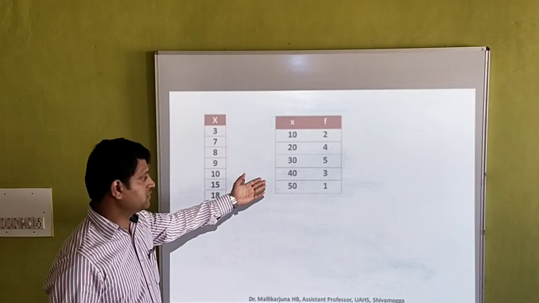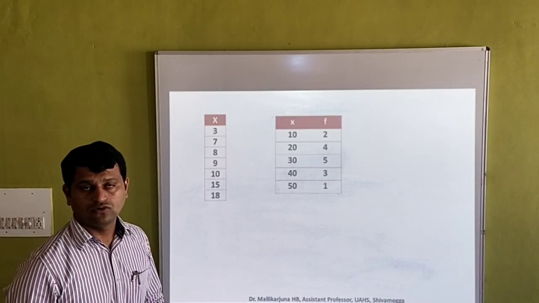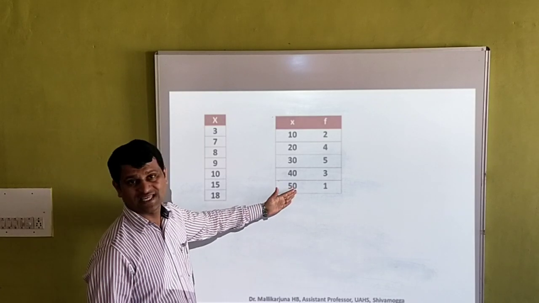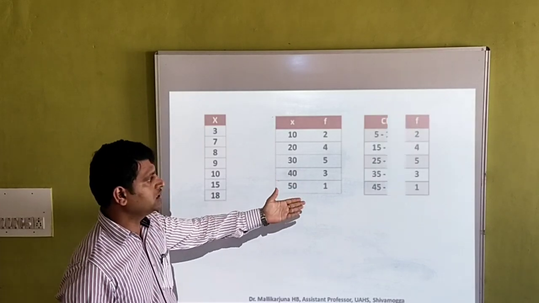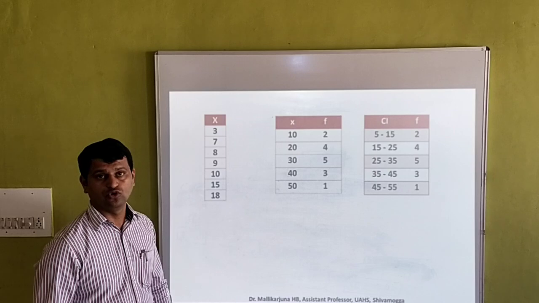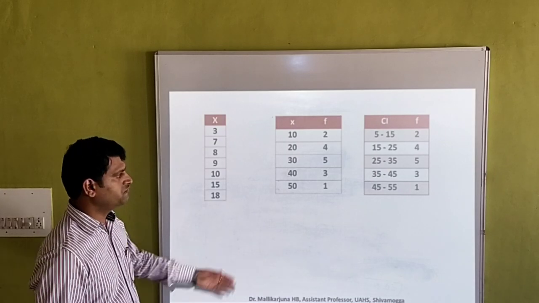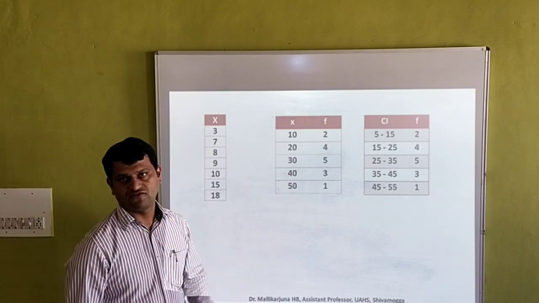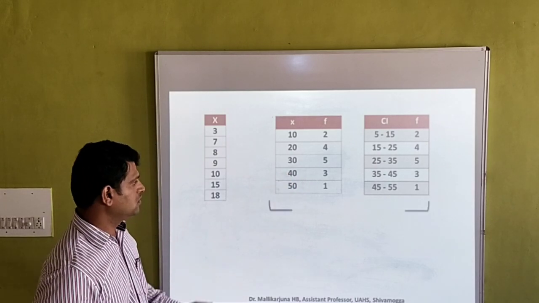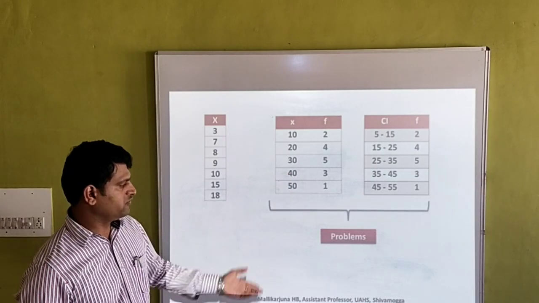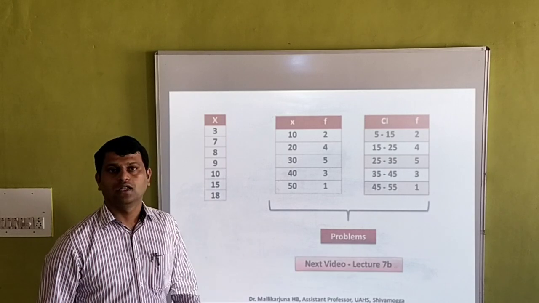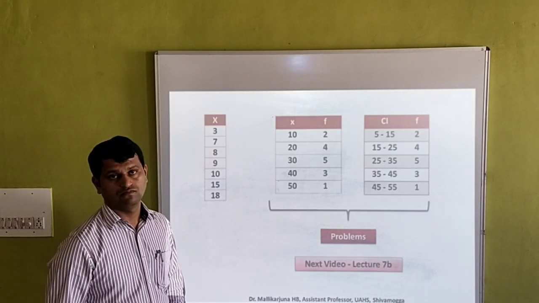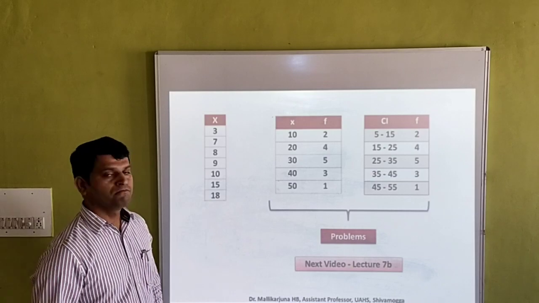We can also have this type of distribution: discrete frequency distribution and continuous frequency distribution. For problems on this type of data, we can take them up in the next video. Thank you.